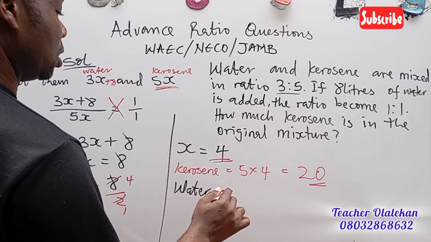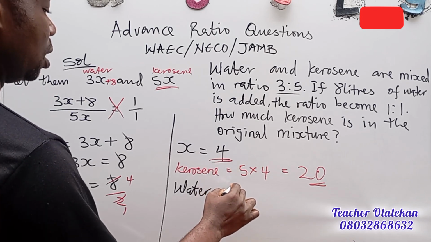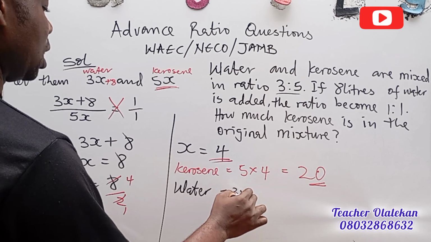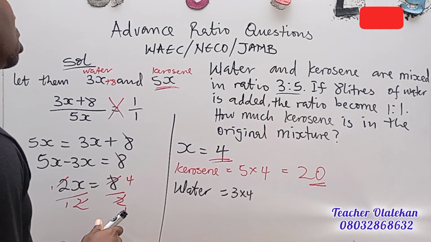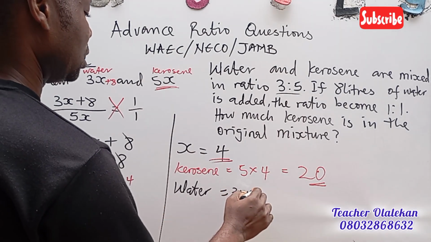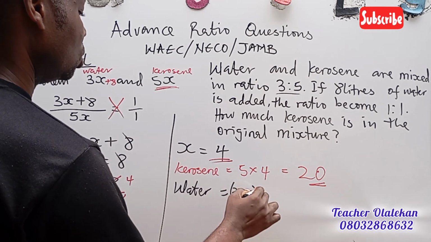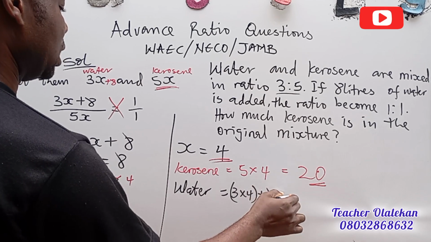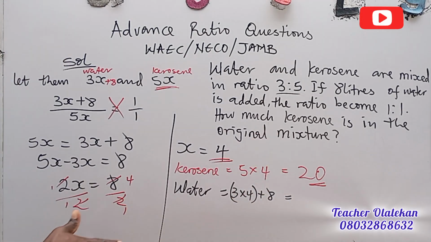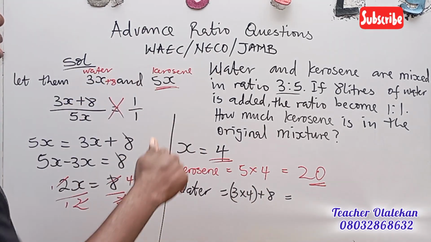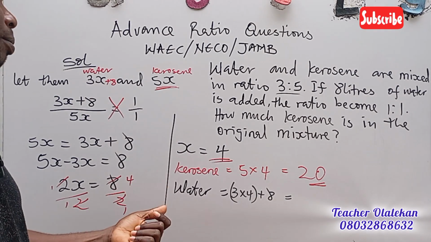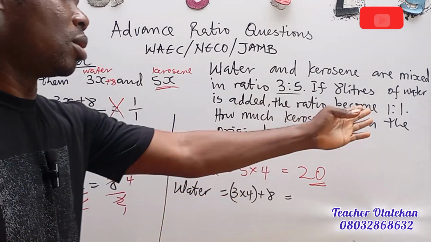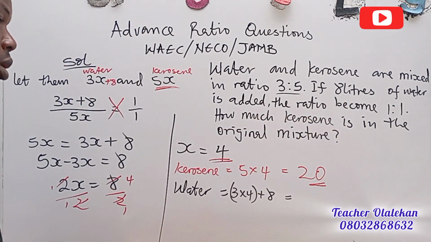For our water, it is going to be 3 times 4, and whatever we get, we add it to 8. Let's see if it's going to give us 20, because we are told that when 8 liters is added, the ratio becomes 1:1, that is equal ratio.